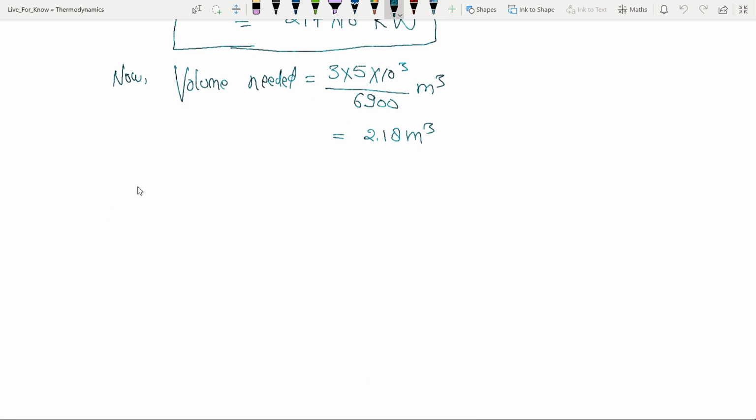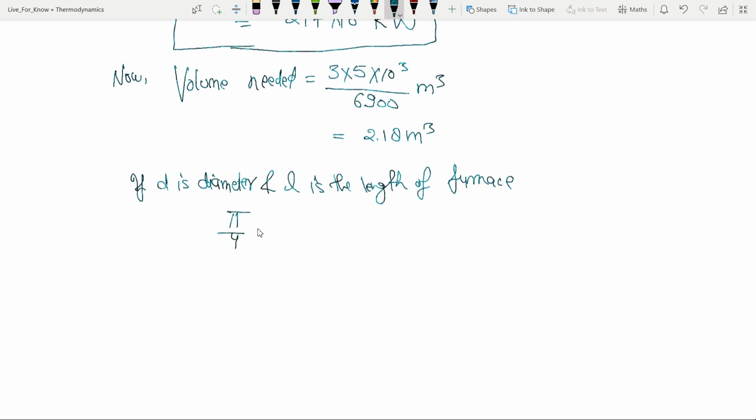Now if d is the diameter and l is the length of the furnace, then pi by 4 d square into l is equal to 2.18 meter cube.